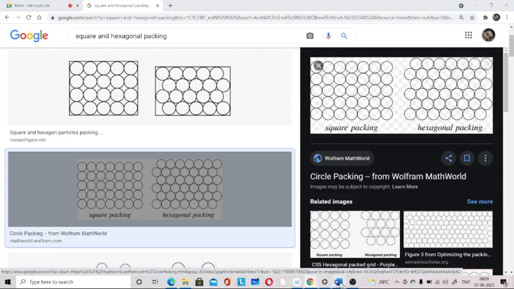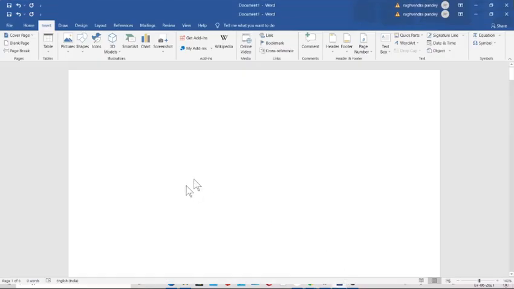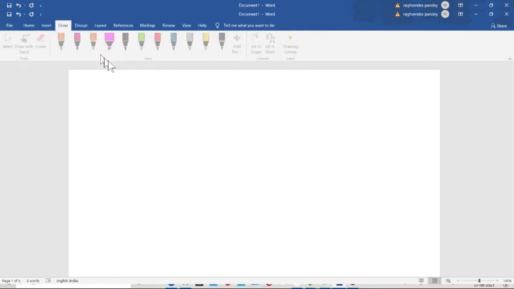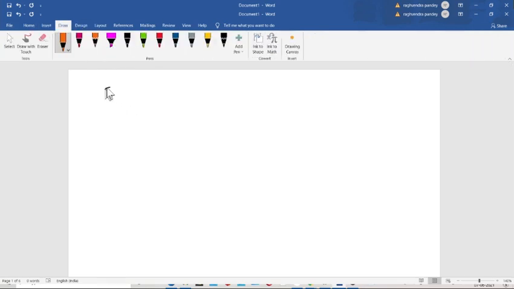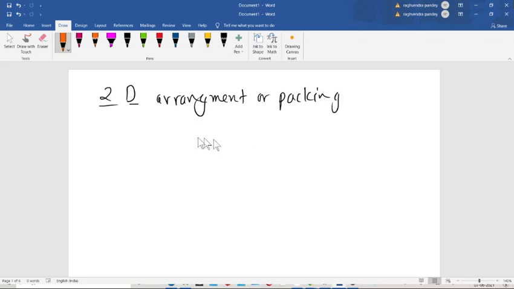Okay. So if we see the 2D packing, the two-dimensional arrangement, packing.